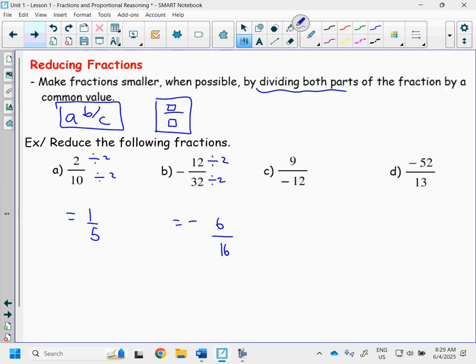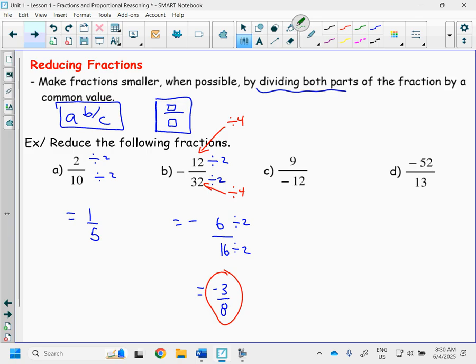But notice, those are still even, so we could divide them further by 2 and 2. And our lowest version of this would be negative 3/8. Now, could you do that faster? Absolutely. In your brain, hopefully, you think to yourself, I can divide that by 4 and divide that by 4. That'll get me right down to this answer right off the bat. When you're finding that factor you want to divide by, try and pick the biggest number you can divide both things by.